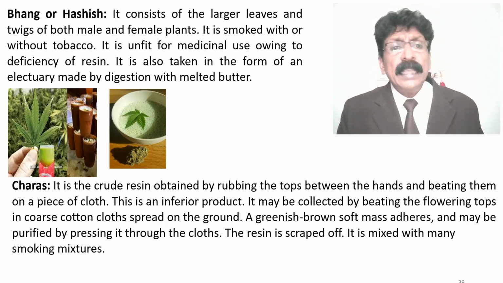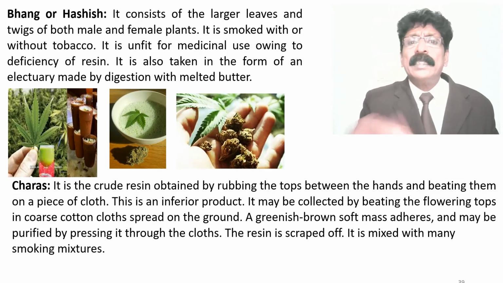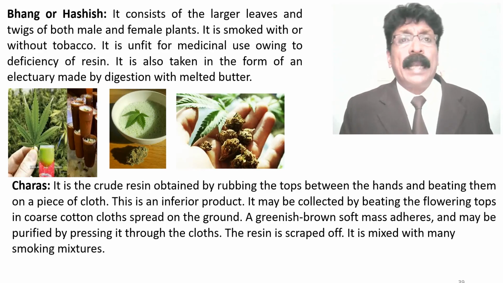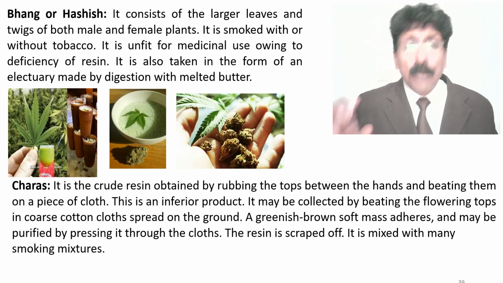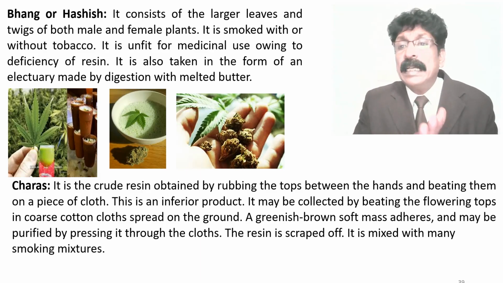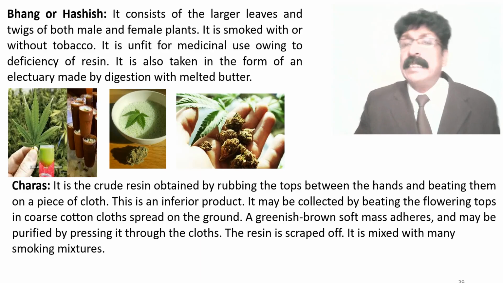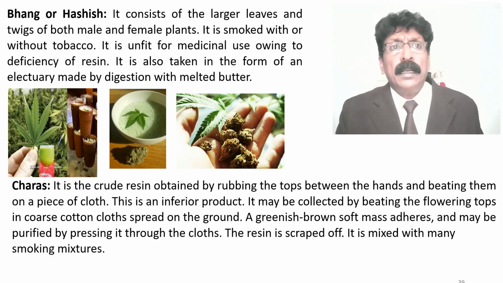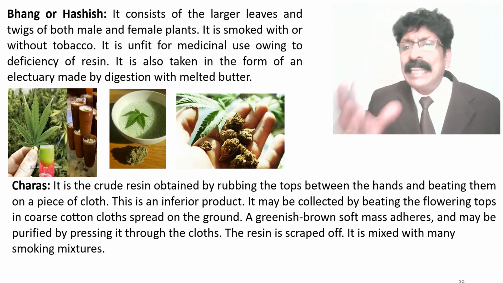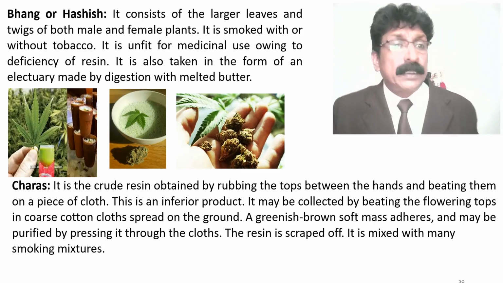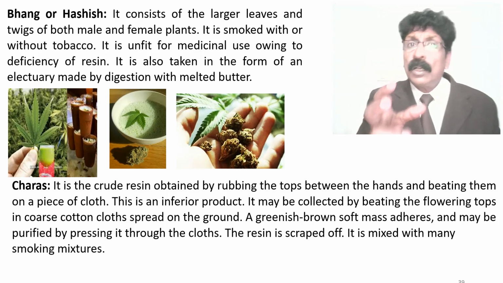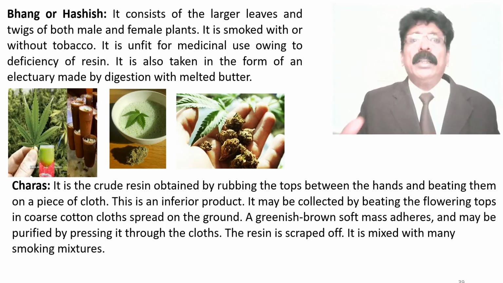Charas. It is a crude resin. You can see in the hand, it is a crude resin which is obtained from Cannabis sativa. It is obtained by rubbing the tops between the hands and beating them on pieces of a cloth. It is an inferior product. It may be collected by beating the flower tops in coarse cotton cloths spread on the ground.